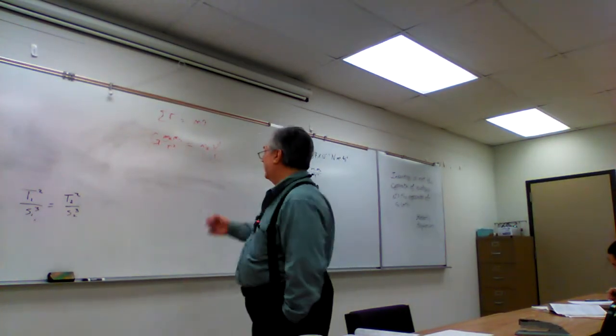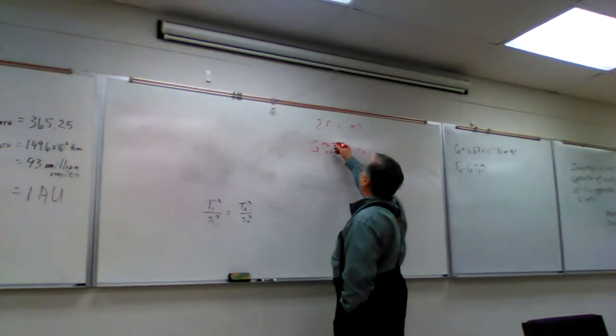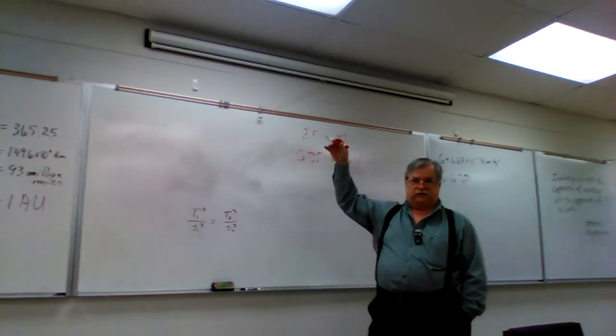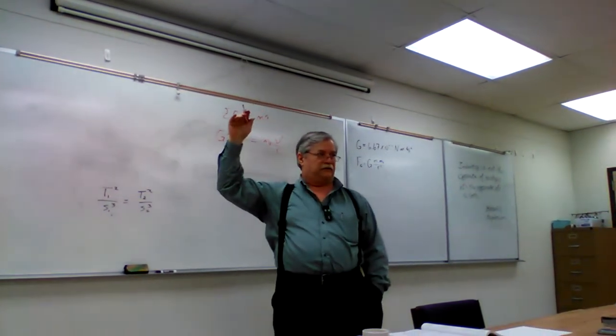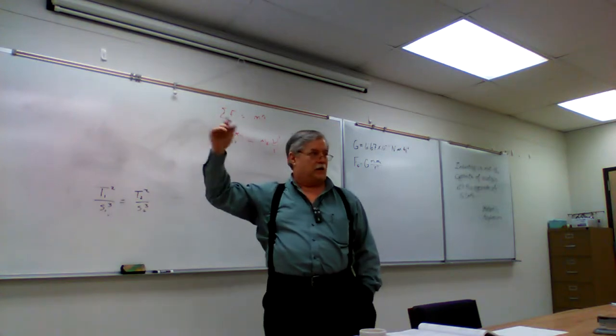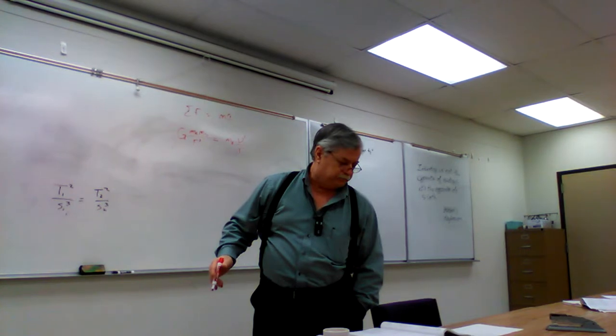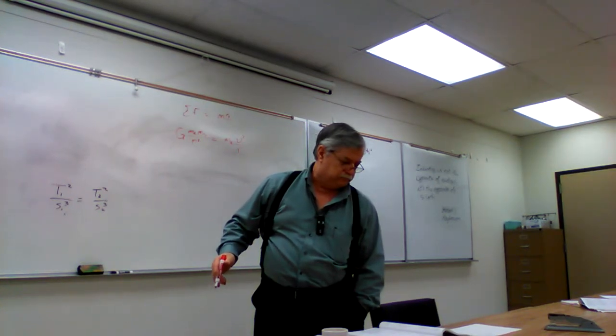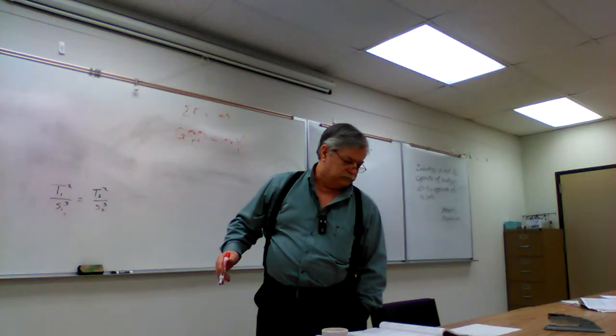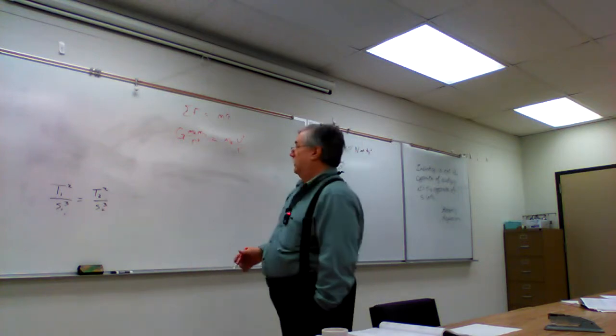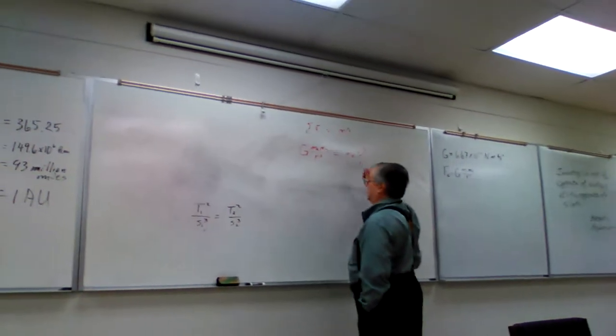Now, I'm using Earth, but we could just make this any of the planets. This could be just M1, or it could be mass of Venus, mass of Saturn, Mars, Jupiter, any of them. All right, so we need to know its velocity.